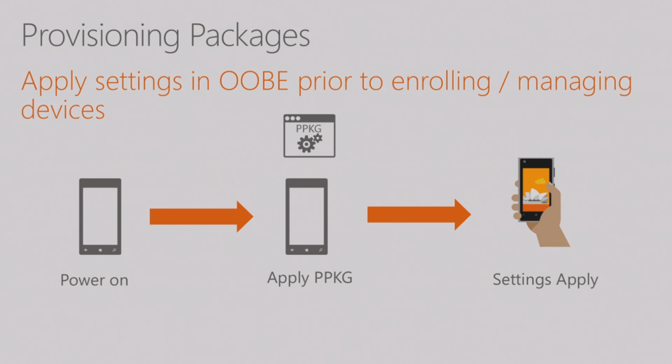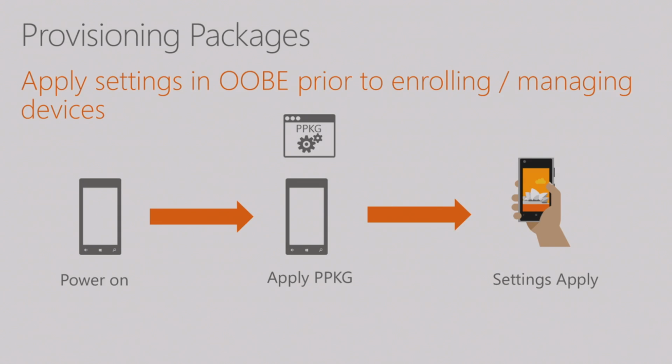Provisioning packages can be applied at any point in time or all the way in the beginning. You remember that I said it was US English and it was in the US. At that point in time, if I would have tapped 5 times on the Windows button of the device, I would have entered the provisioning state of the device and would have asked, where is the provisioning package?